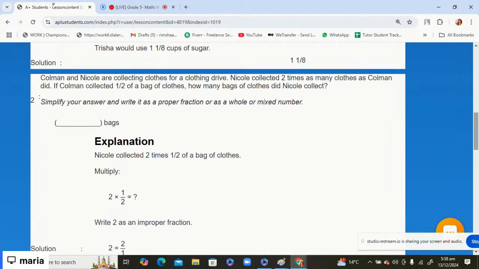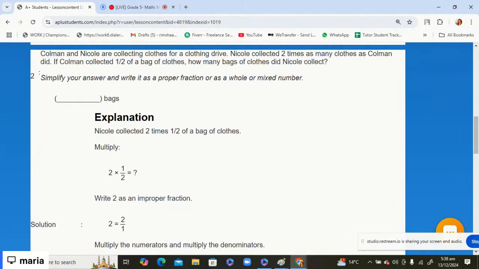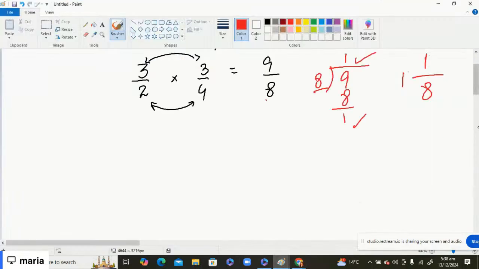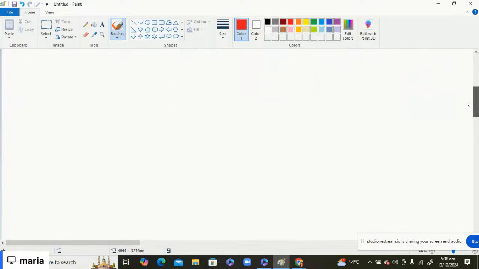So here is the question. Coleman and Nicole were collecting clothes for a clothing drive. Nicole collected 2 times as many clothes as Coleman did. If Coleman collected 1 by 2 of a bag of clothes, how many bags of clothes did Nicole collect? It's just simply the multiplication of 1 by 2 with 2.